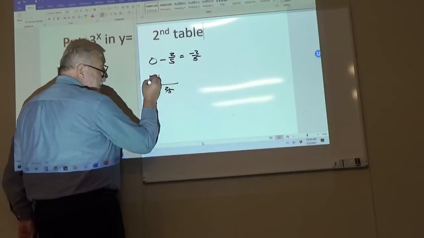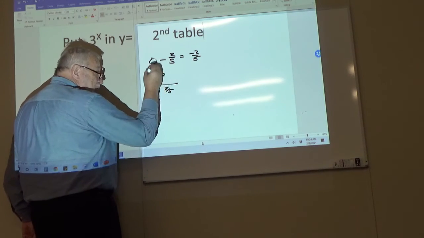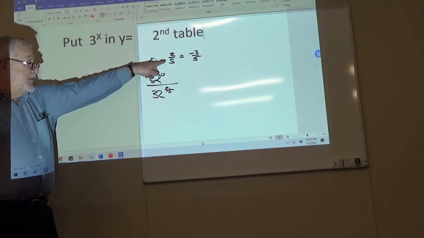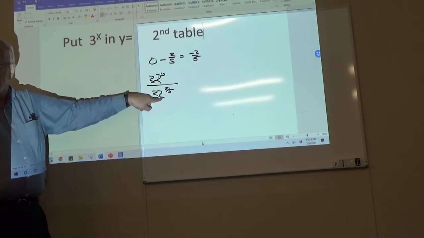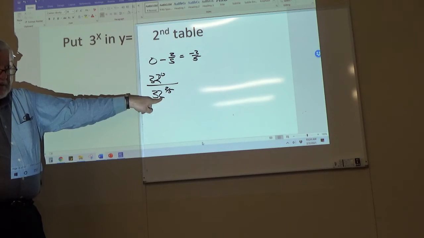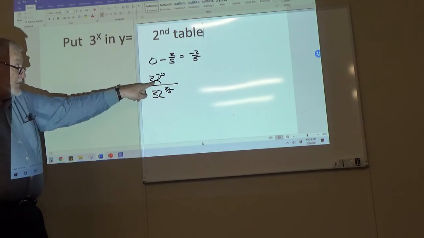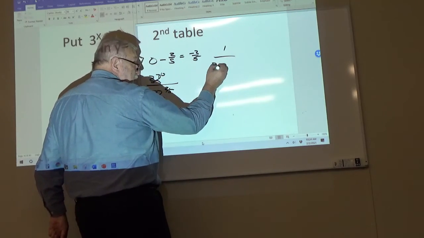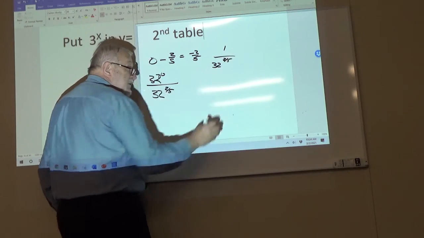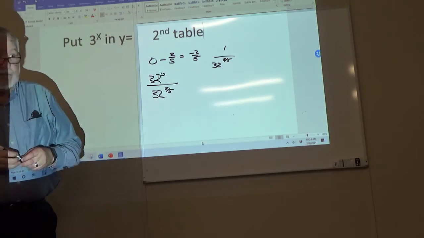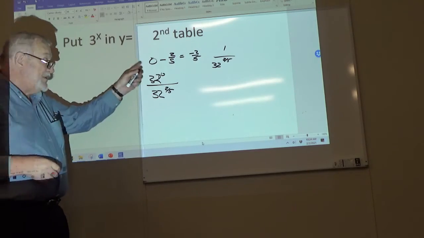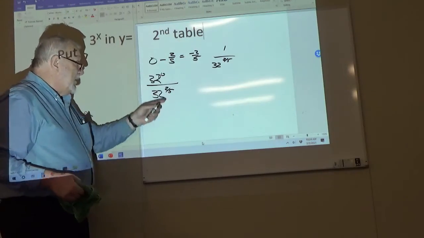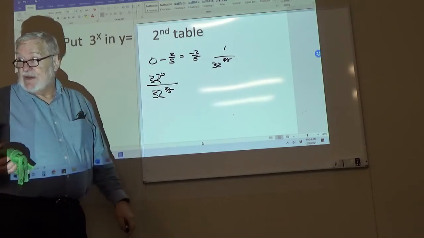So this is 32 to the negative 2/5, which is 1 over 32 to the 2/5. And so where is this 2/5 if it's a negative exponent? It's in the denominator. So to get rid of that negative, I have to go 1 over 32 to the 2/5. All right, and so please remember that a negative exponent is not talking about plus or minus. It's talking about whether or not it's in the top of the fraction or the bottom of the fraction.